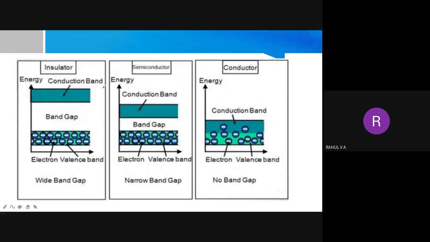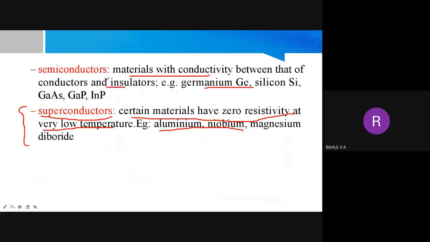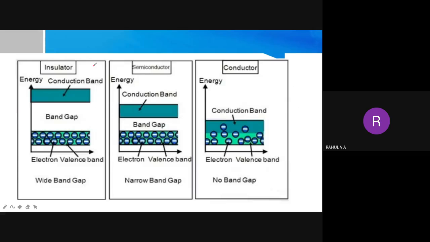Now, why these materials are like this, or why some materials are insulator, why some materials are conductor, why some materials are semiconductor? We should know that one. Okay, so if I draw energy band diagram, these are all called energy.